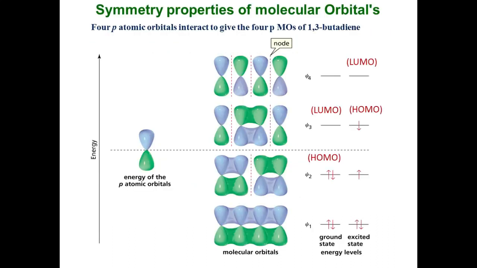So you see the symmetry properties of molecular orbitals. Here the four p atomic orbitals interact to give the four pi molecular orbitals of 1,3-butadiene. Here is the energy of the p atomic orbitals. You see the pi bonding orbitals and the nodes. Here you see the lowest unoccupied molecular orbital and the highest occupied molecular orbital.